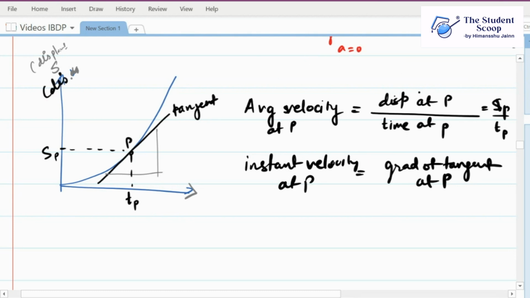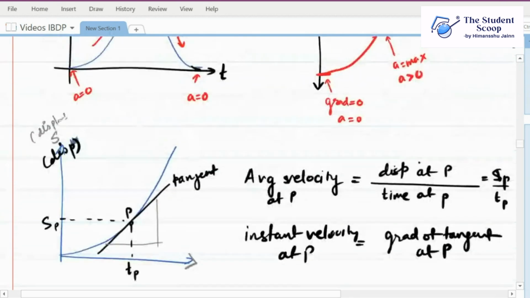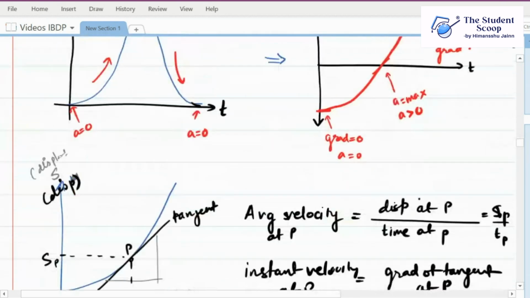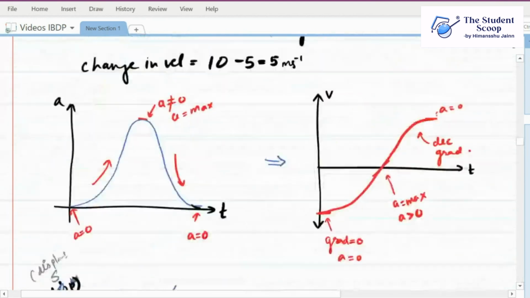Here the same things can be repeated if we have velocity versus time and we want average or instantaneous acceleration. The same technique can be used.